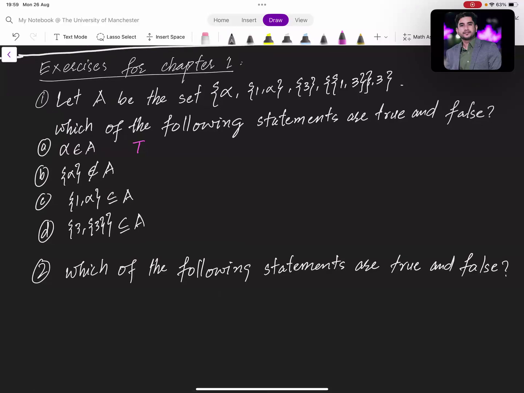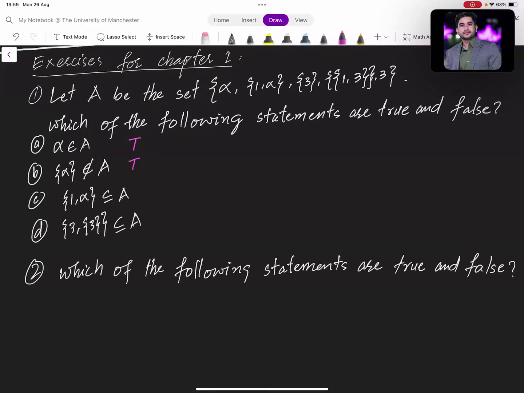Not an element inside A, and this is true also. Now, statement C: 1, alpha is a subset of A. It's not a subset of A. It is an element inside A. So this is false.